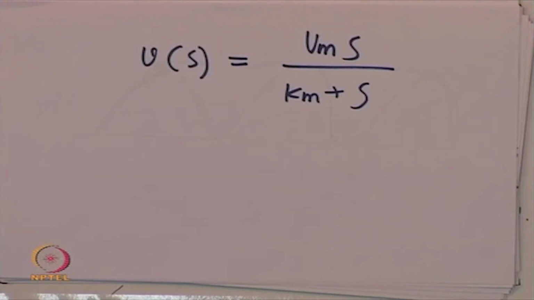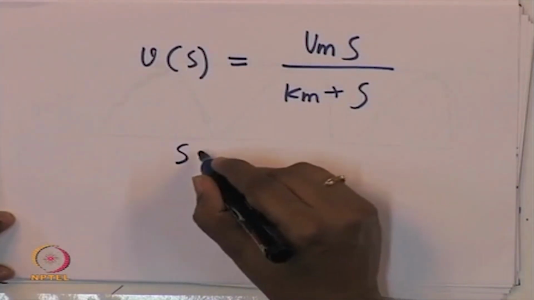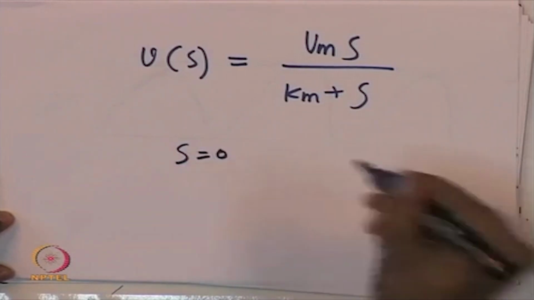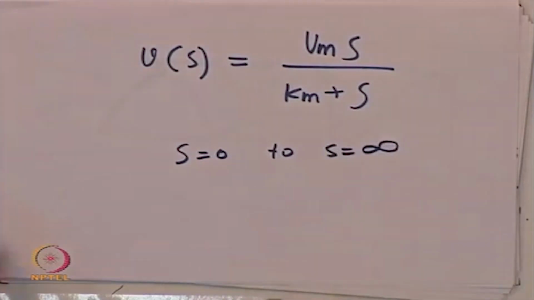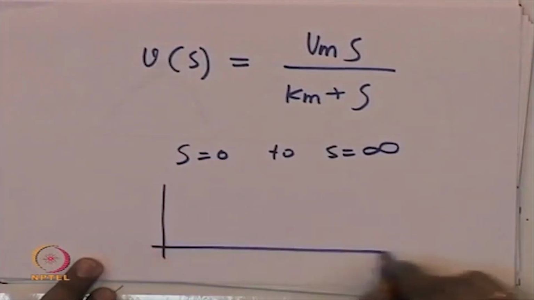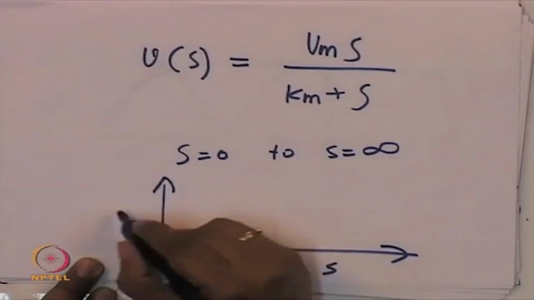Typically s will go from 0 to a very large number, so s goes from 0 to infinity, and we have to plot V(s) over that range.